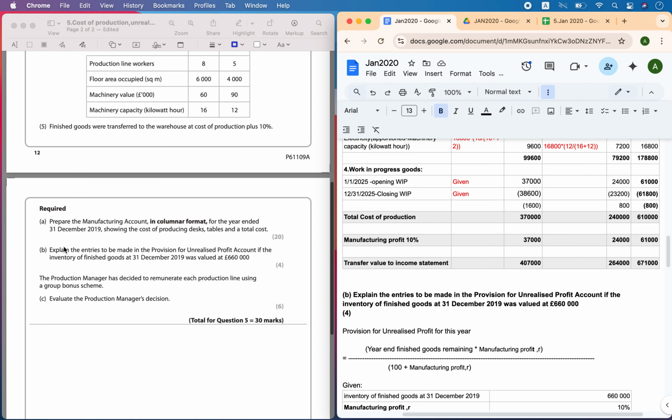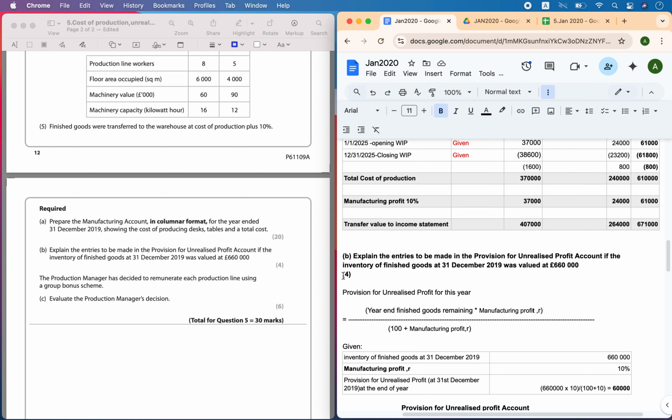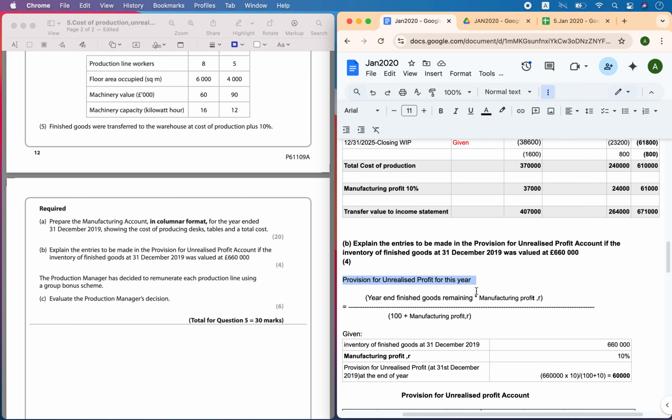Now the next part of the question is: explain the entries to be made in the provision for unrealized profit account if the inventory of the finished goods at 31st December 2019 was valued at 660,000 pounds. Now this is a 4-marker question, but still the explanation is a little long. What is the formula for provision for unrealized profit?